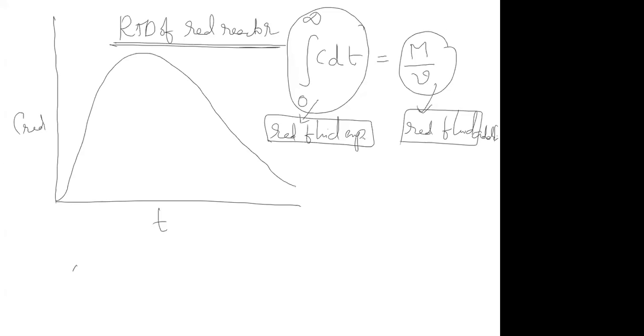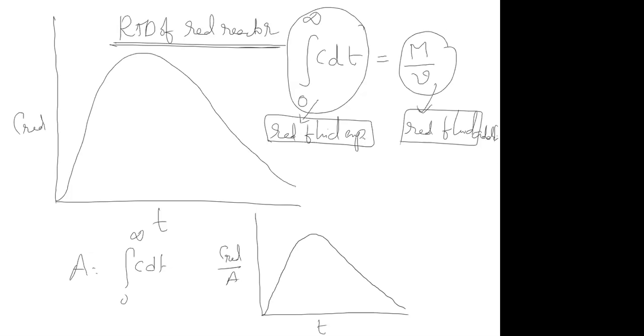Suppose I calculate the area under the curve, which is integral 0 to infinity of C dt. If I plot on the y coordinate C divided by A, versus t, can you calculate the area under this curve?